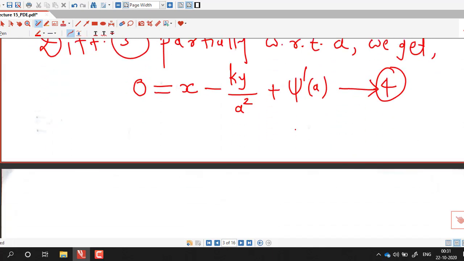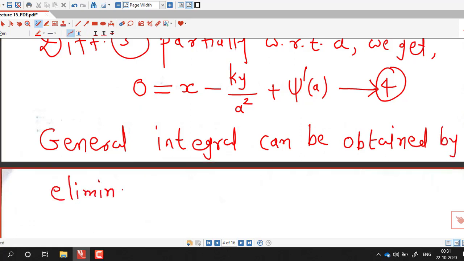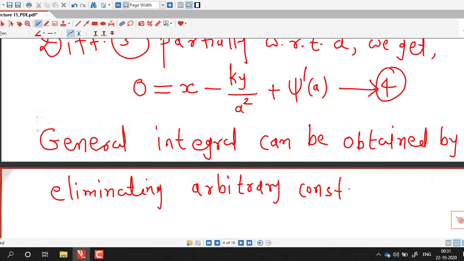So what we can do is simply write down that the general integral can be obtained by eliminating the arbitrary constant small a from 3 and 4.